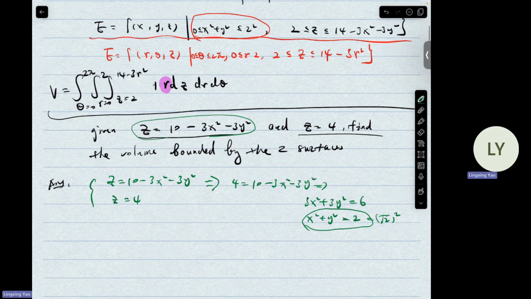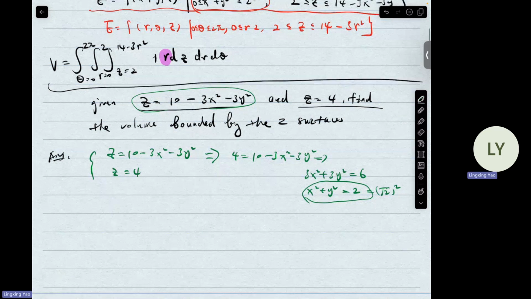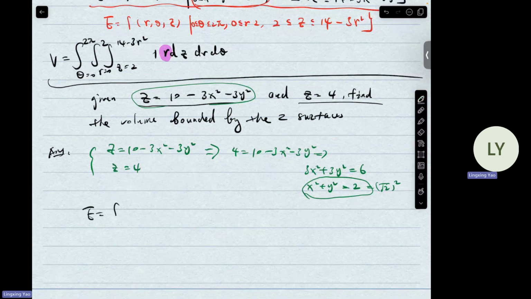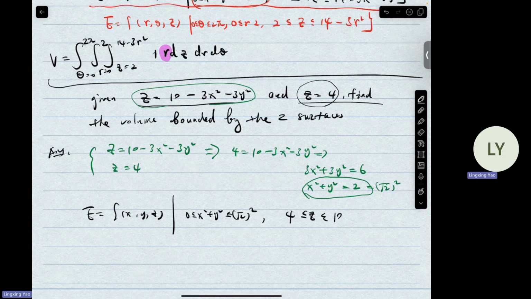All right, so the volume obtained will be, and then obviously our z variable will be bigger than 4 and smaller than 10 minus 3 times x squared minus 3y squared.